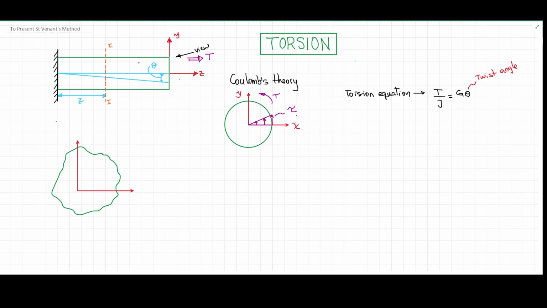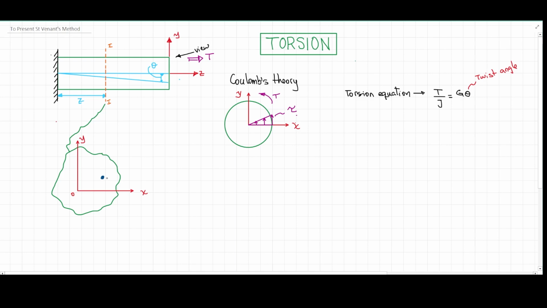Then I assume that this section is one that I took by cutting this element at z units from the fixed part. This is going to give me something like this, and this is going to be the point 0, with the x-axis and y-axis. To understand what happens before and after I apply torque to that element, I'm going to draw a point here.